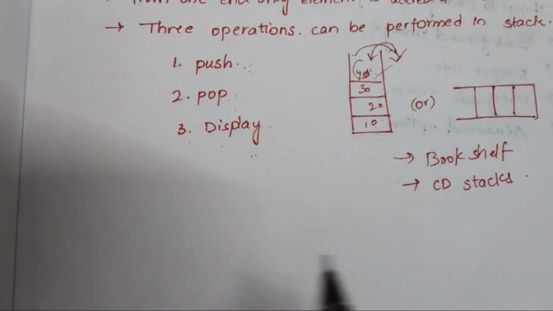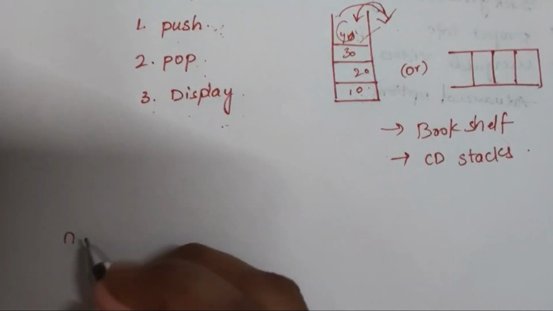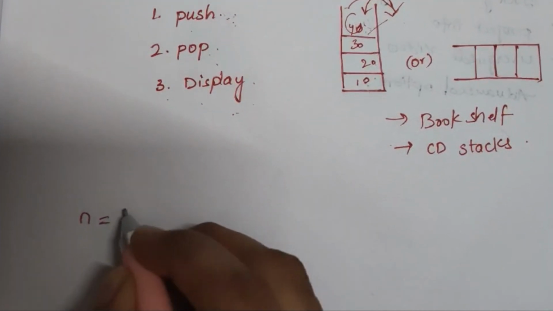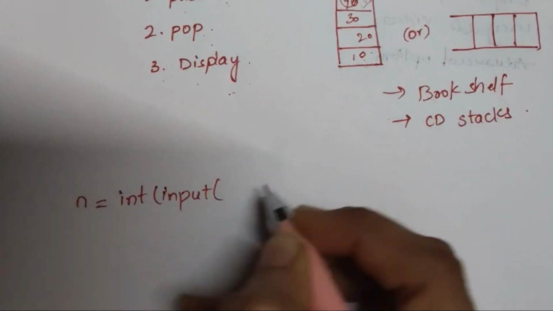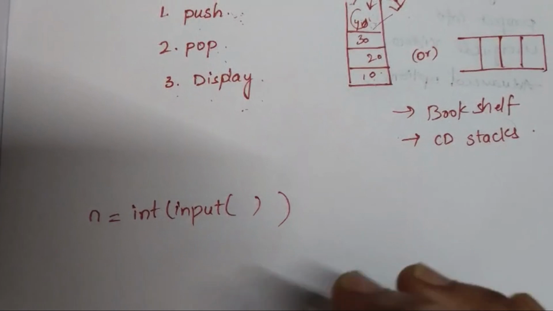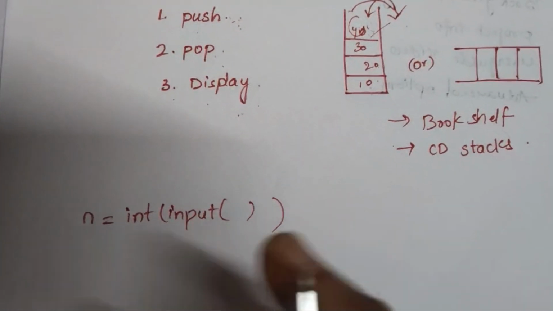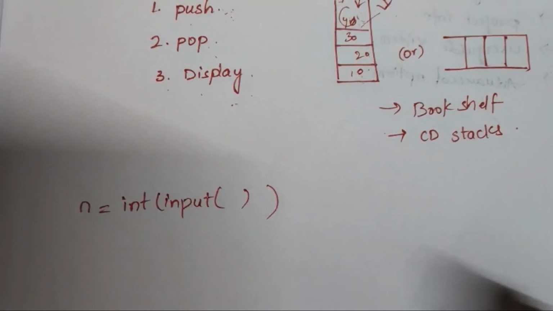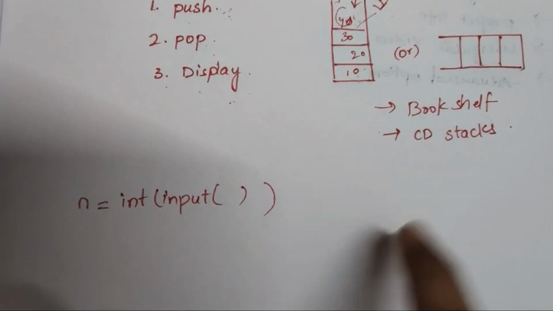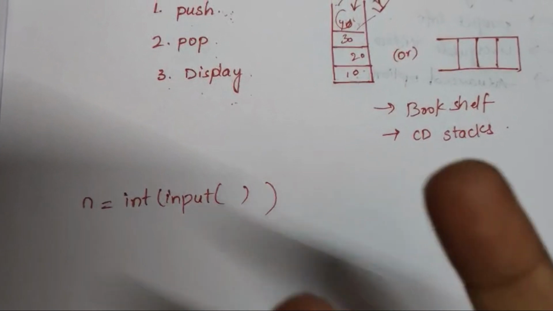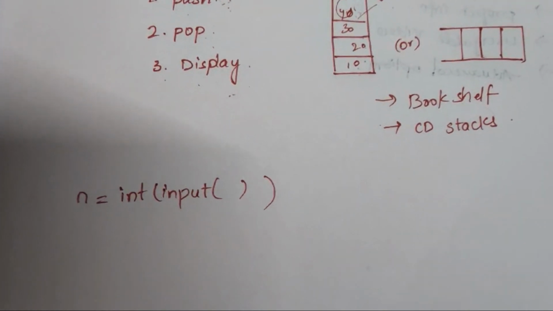So first of all, we'll be taking user input n, int of input. You'll be taking like 1, 2, 3, 4. If no operation is performing, then you can take 4 or 5. When you press 4, 5, 6, it will be exiting from the code.